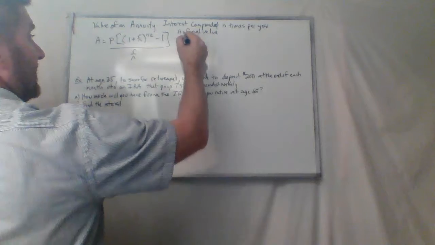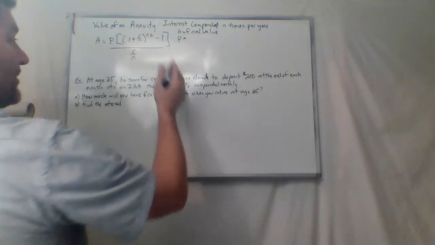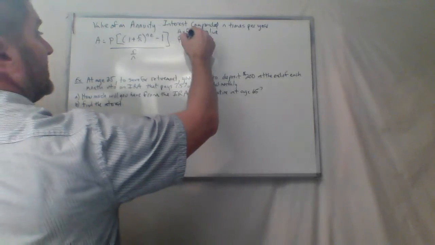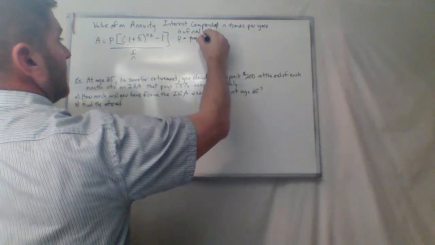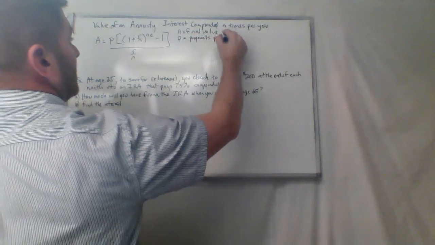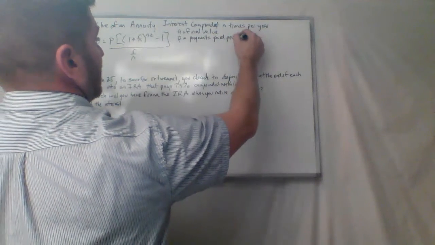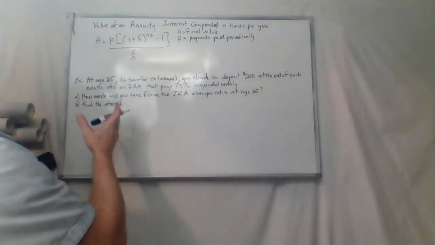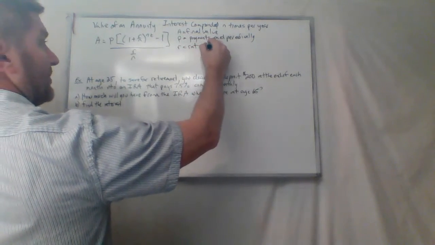P, in this case, is going to be the deposits made periodically. So in this case, they're putting in $200 a month. So it's the payments paid periodically. It's going to be the same amount as the compoundings periodically for a specific period. We're doing it every month. R is the rate as a decimal.